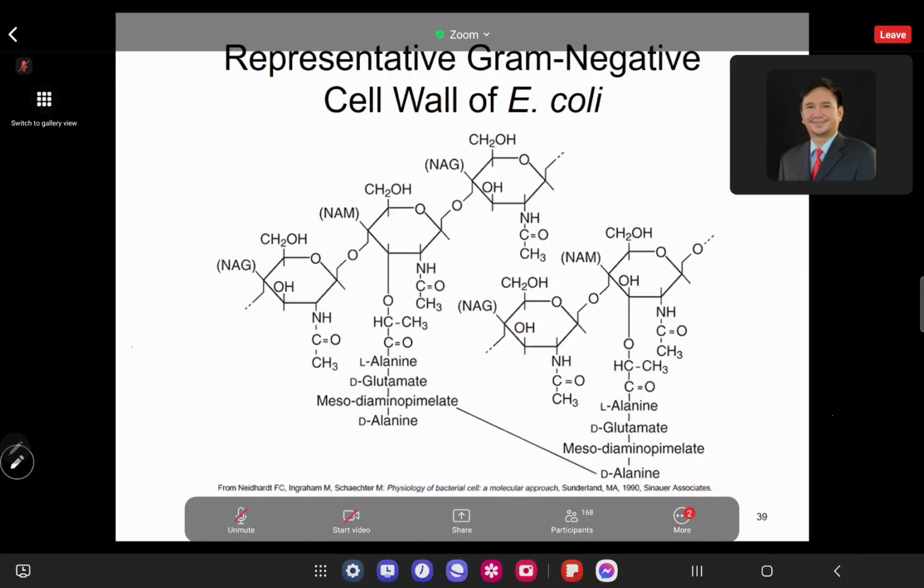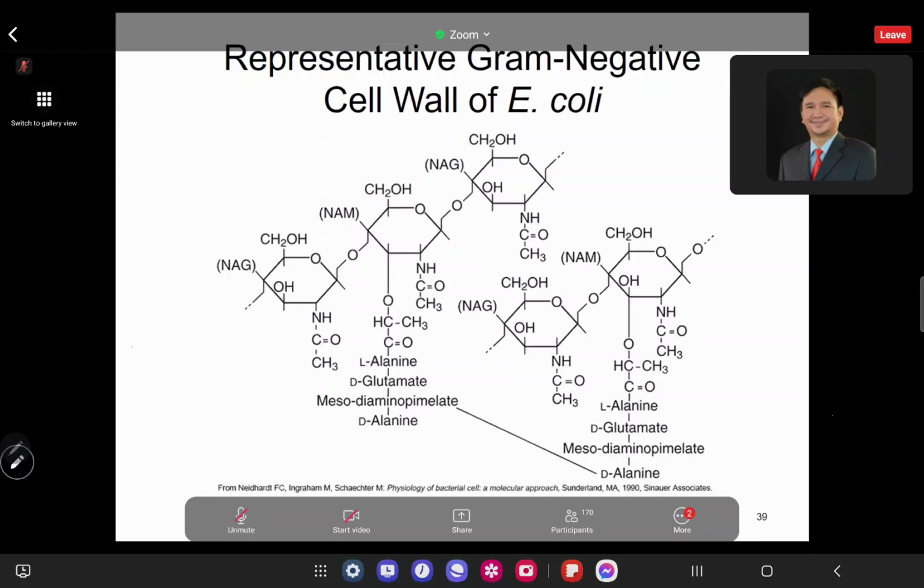This diagram represents the structure of the gram-negative cell wall, your Escherichia coli, and we have your peptidoglycan layer, which is composed of repeating units of N-acetylglucosamine and your N-acetylmuramic acid.